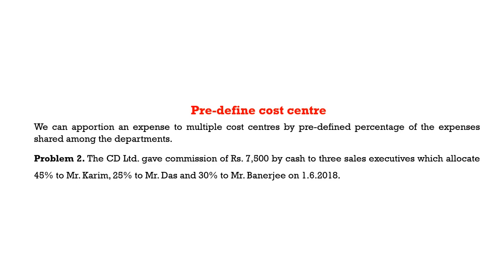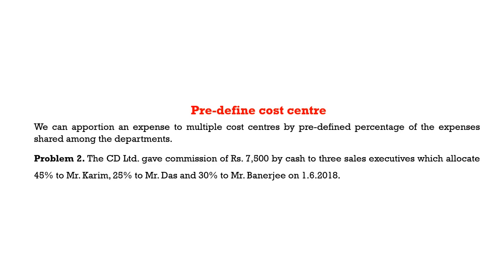I repeat again: at first we have to learn how to design these percentages in cost centers. Second, whenever we allocate some money, how is this money allocated among those respective cost centers according to their percentage. That's the learning objective.